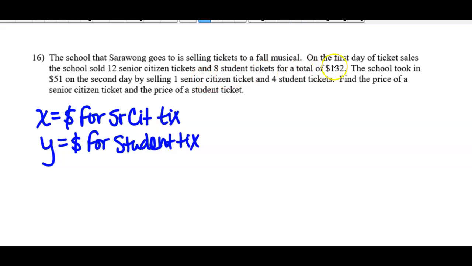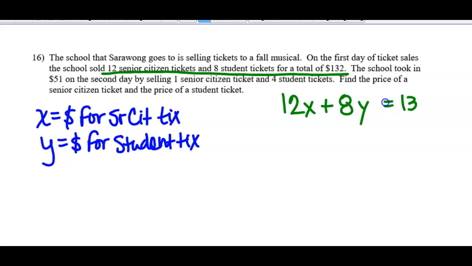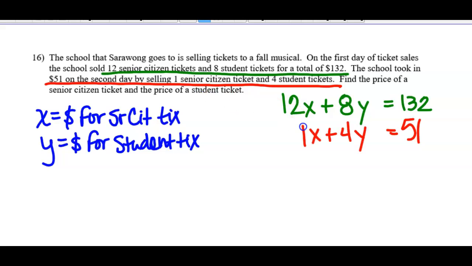So on the first day, we had 12 senior citizens and 8 students for a total of $132. And on the second day was $51, which would go over here. And it was 1 senior citizen and 4 students.